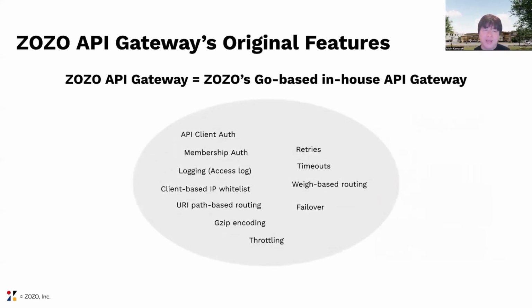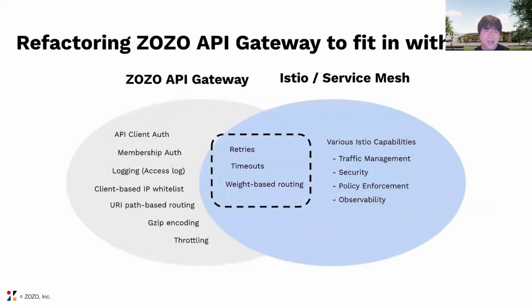Those are the API gateway's original features. As you can see, there are common features between the API gateway and Istio. So we offloaded some of the common features in the API gateway to Istio. Features in the area surrounded by the dotted line are the ones we initially offloaded to Istio.